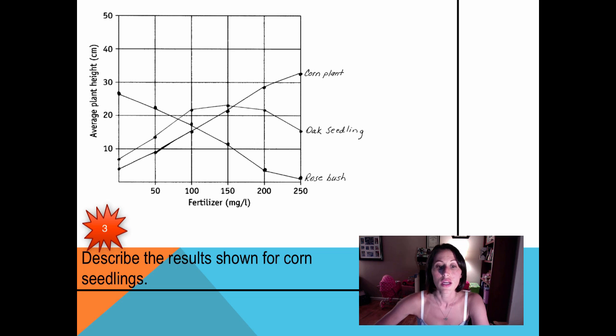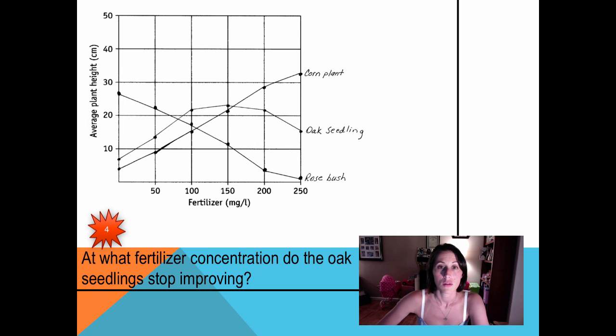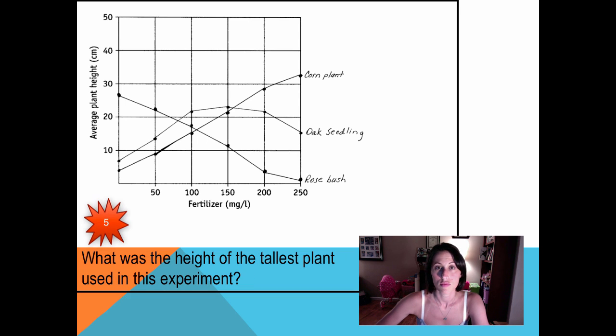Question number 3, describe results shown for the rose bushes. Okay, so a little more specific now. At what fertilizer concentration do the oak seedlings stop improving? What was the height of the tallest plant used in this experiment?